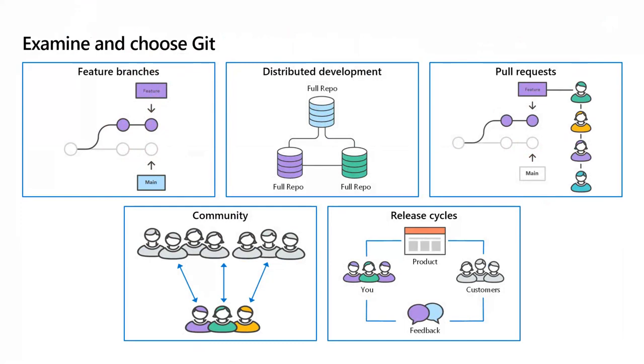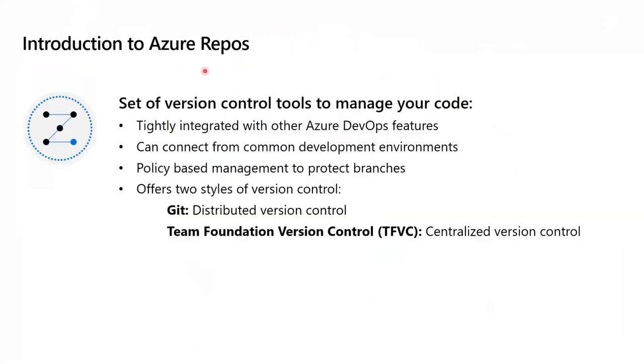But what is the service provided by Microsoft or by Azure DevOps? So with Azure Repos, we can have a set of version controls to manage, for example, our code. In that case, it is very important that when you are creating your project, you need to specify the type of version control that you are going to have, right? So for example, you can specify Git or Team Foundation version control system.